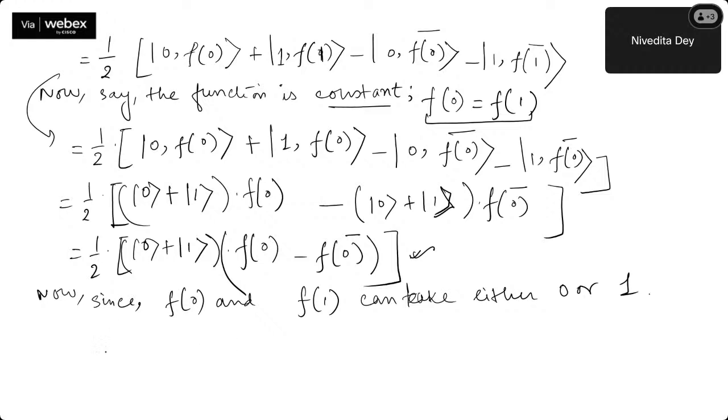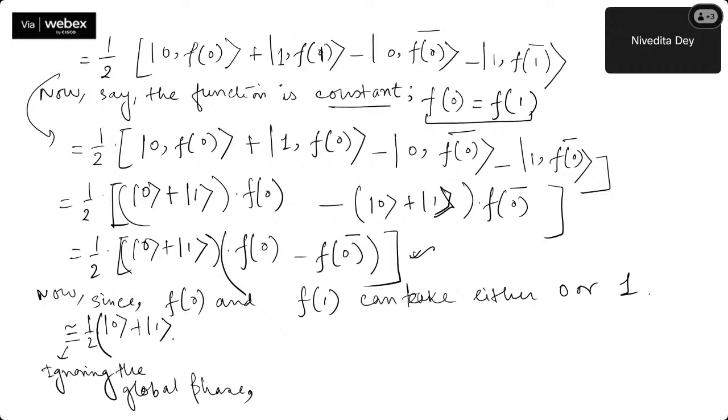Okay. So ignoring the phase, because it is a global phase, as it has no effect on the output of the quantum measurement, it will be |0⟩ plus |1⟩. Let me put the half over here.